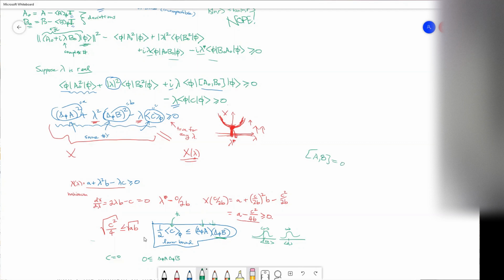And if they're compatible, all your inequality tells you is that the spread of one times the spread of the other one is greater than or equal to 0. This is always true anyway, because the spread is by definition bigger than 0. It's a product of two positive numbers. Okay, just making sure that I understand it.